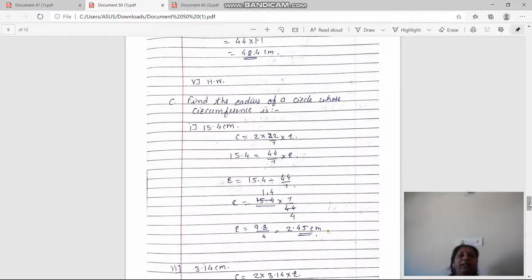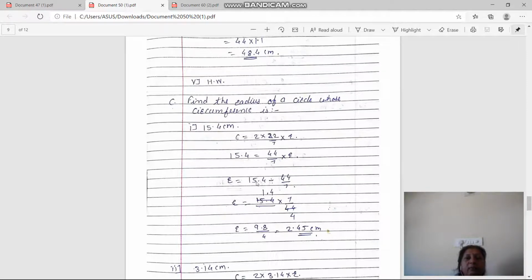Okay. Now find the radius of a circle whose circumference is given. Now here we have given the circumference and we have to calculate the radius. So C is equal to 15.4, 2 multiplied by 22 upon 7 and we have to calculate r for radius. So see here 22 into 2 we get 44. So 44 upon 7. Okay.